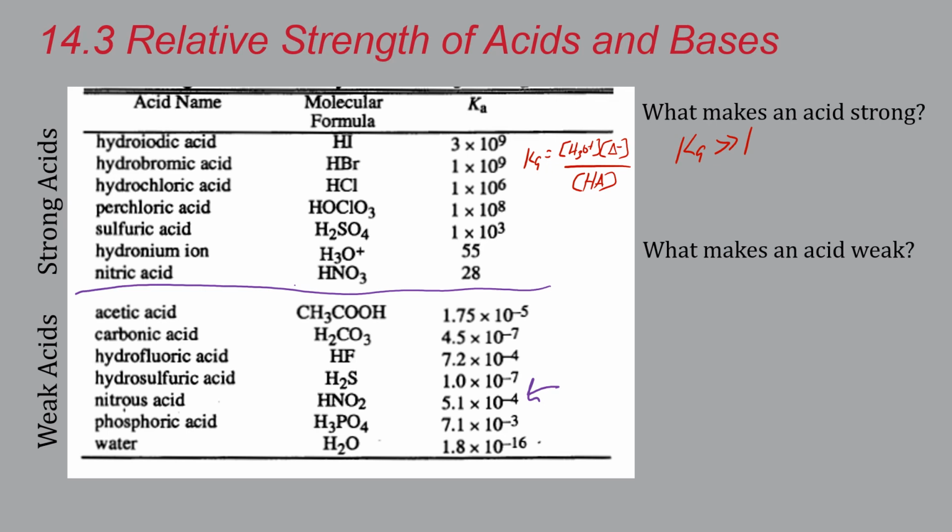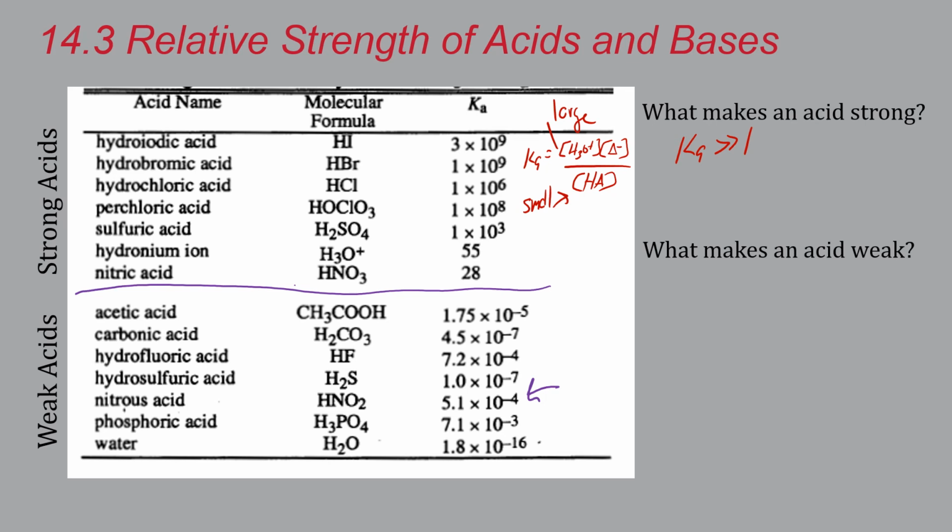For these guys, for a Ka to be 10 to the 6th or 10 to the 9th, that means that the hydronium and conjugate base concentrations, A minus, are very, very large, and the concentration of the acid must be quite small. So big numerator, small denominator makes the result a very, very large number.